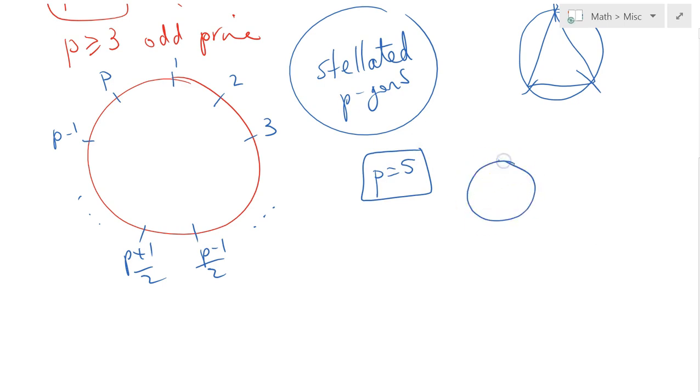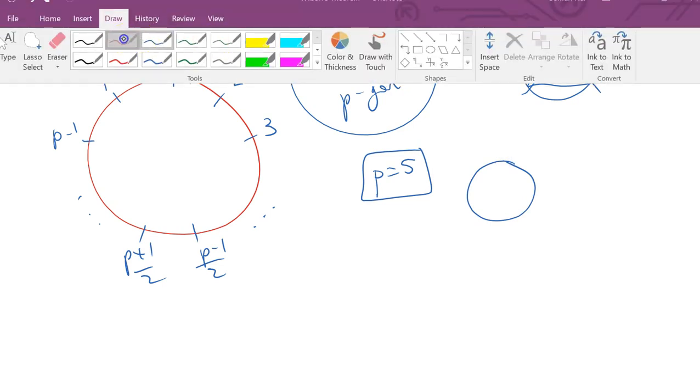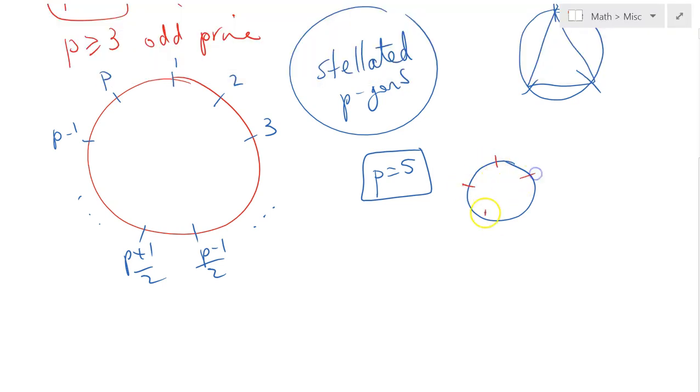We have our picture here. One way to go, 1, 2, 3, 4, 5. So we can just draw the regular pentagon. That's one way.